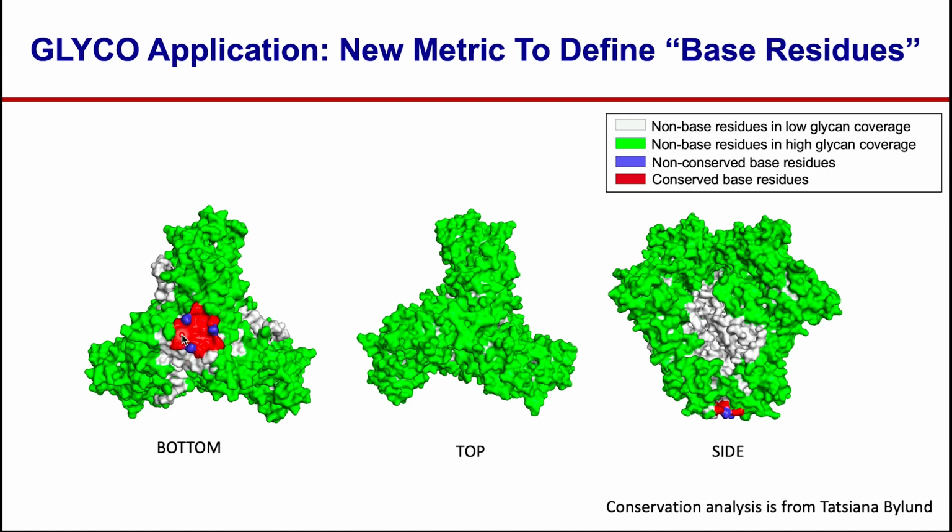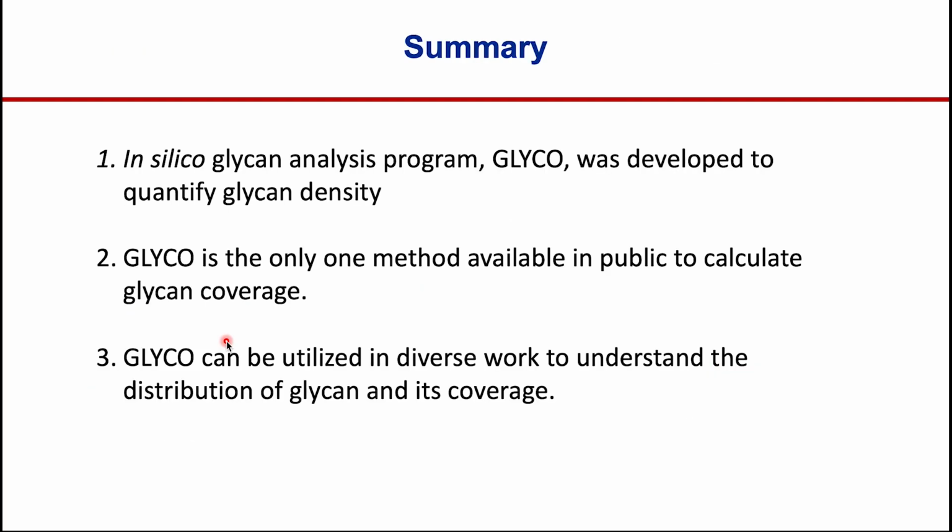In the conservation study, we found that the base residues are mostly highly conserved, except 3 residues that are colored in purple here. So the whole idea of doing this is to define a new metric. GLYCO has the ability to define a new metric that has not been reported or achieved before.